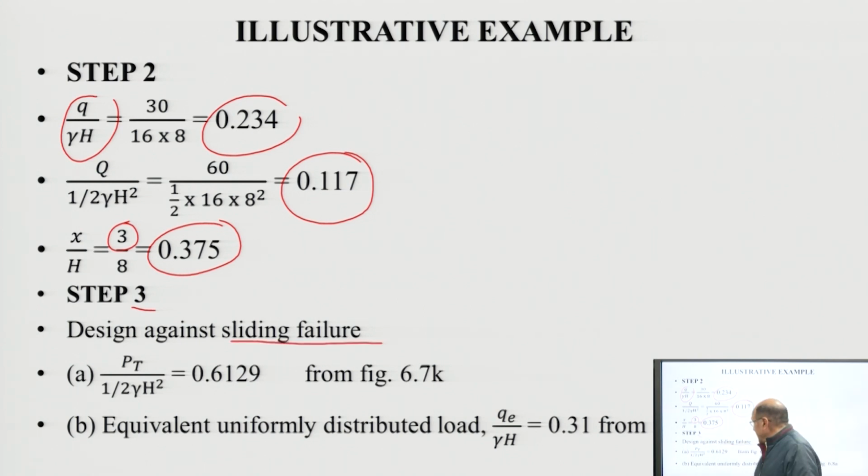So, we can calculate here P T divided by half gamma H square, that will come 0.6129 from the figure. Now, the equivalent uniformly distributed load Q E by gamma H, that will be 0.31 from the figure 6.8.